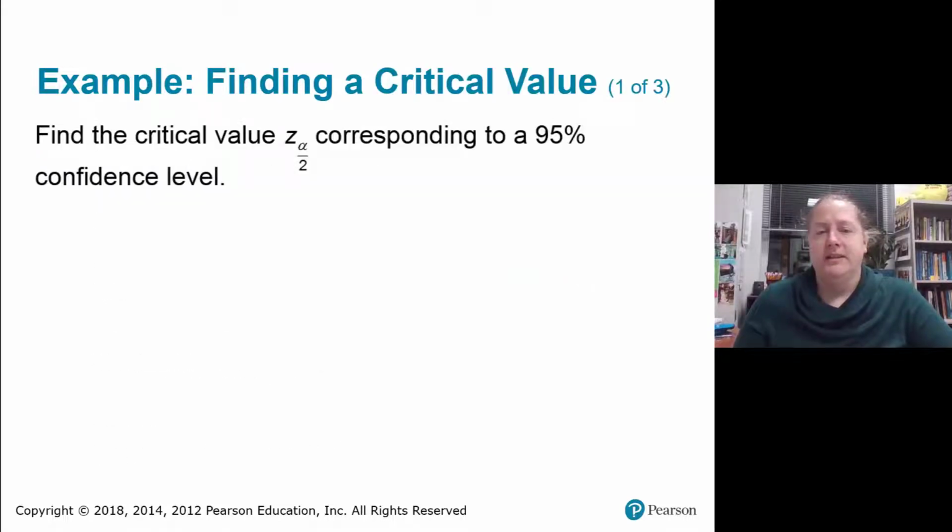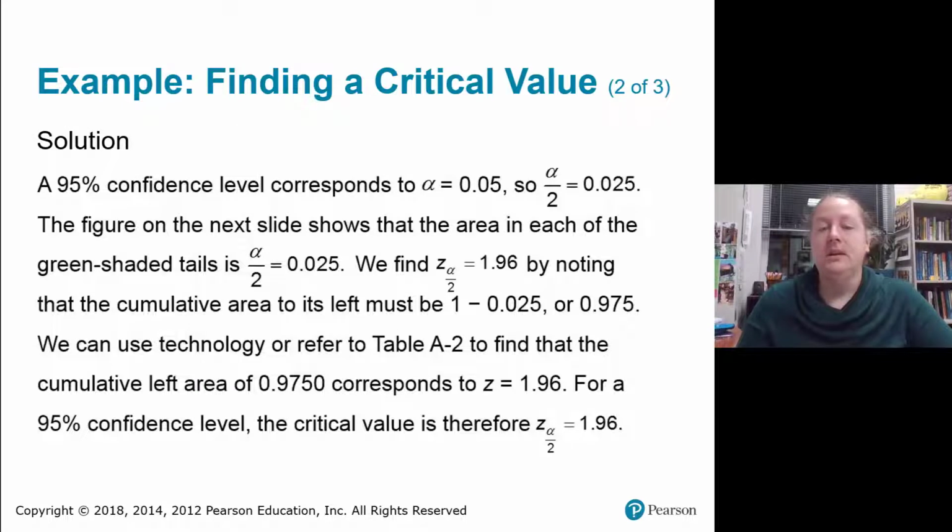So let's take a look at an example. Let's find the critical value z sub alpha divided by 2 corresponding to a 95% confidence interval. So a 95% confidence interval corresponds to alpha equals 0.05. We do 1 minus 0.95 to get our 0.05. So alpha divided by 2 is going to be 0.025.